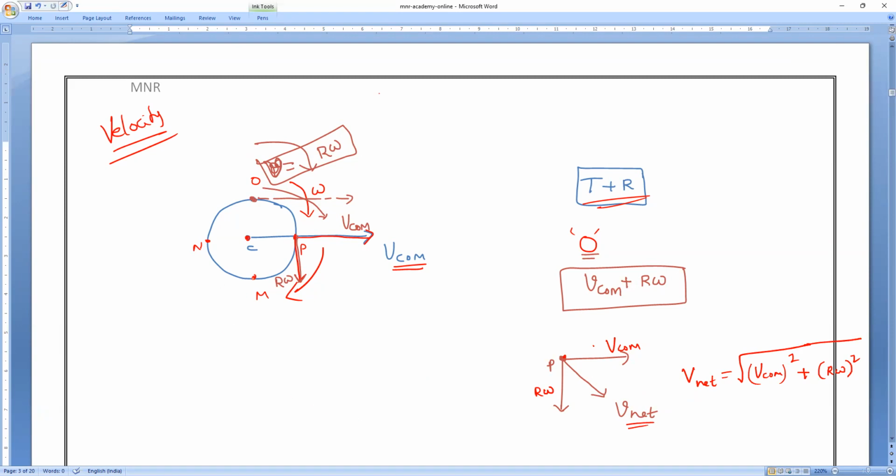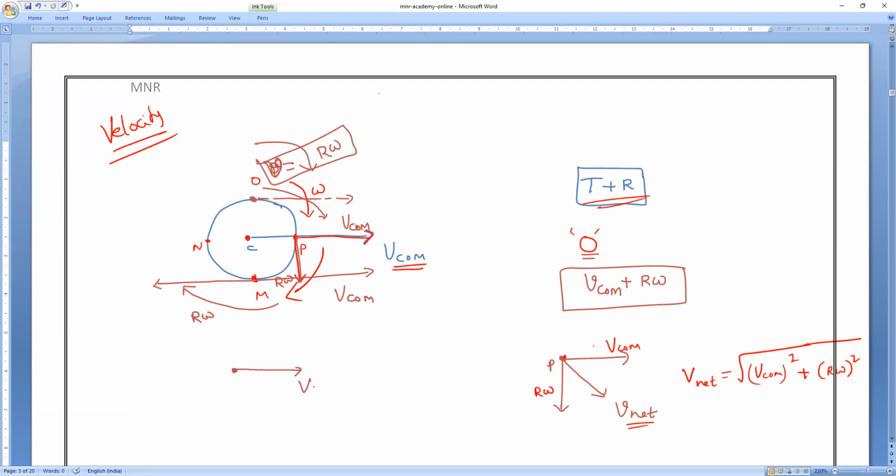Next, the velocity at point M. Observe very carefully. The rotational motion is acting in this way, but the translation motion is in the opposite way. Both are parallel and opposite to each other. This velocity is the velocity of the center of mass and this velocity is R omega. So can you tell me what is the net velocity at point M?